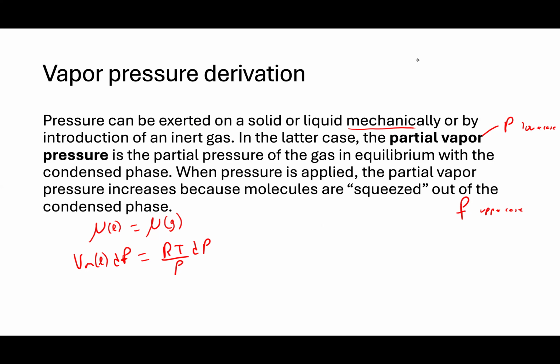Now, from here, we can integrate these things into different functions. So when there's no additional pressure acting on the liquid, the pressure experienced by the liquid, capital P, is equal to the normal vapor pressure, P naught.